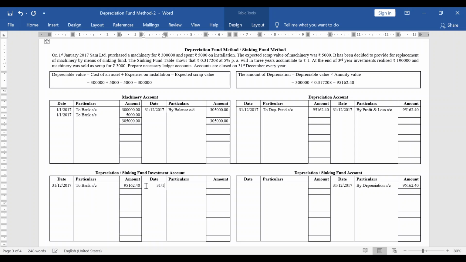Depreciation fund investment account, being a real account, shows a debit balance, and the amount is 95,162.40. Depreciation account does not show any balance.